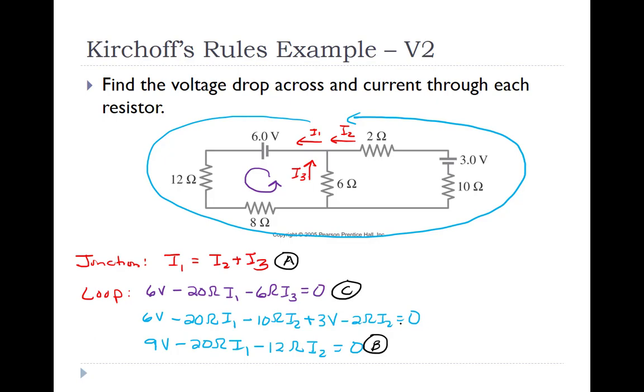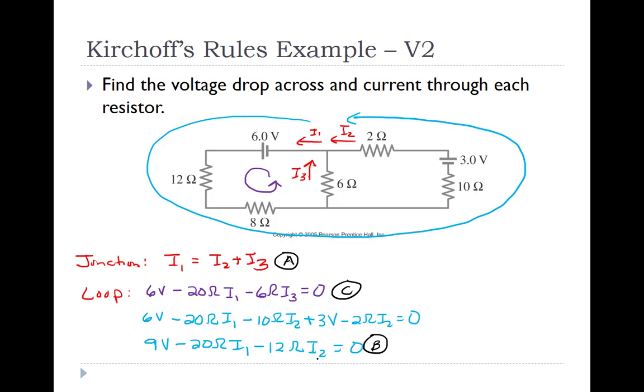The goal is to solve these 3 equations simultaneously, and I want to begin by removing one variable from my equations. I look and I see C is in I1 and I3, whereas B is in I1 and I2.